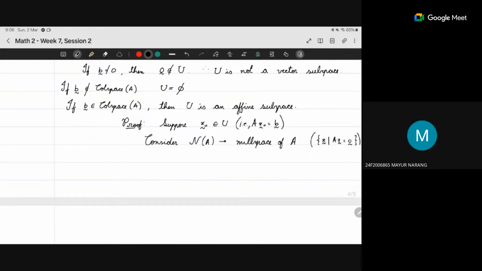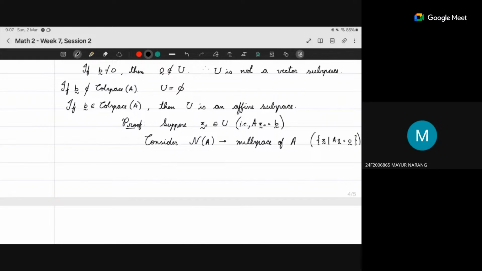Why are we writing x tilde? x generally is used to denote a real number. x tilde is just a vector in an appropriate Rn. That n would be the number of columns of A.